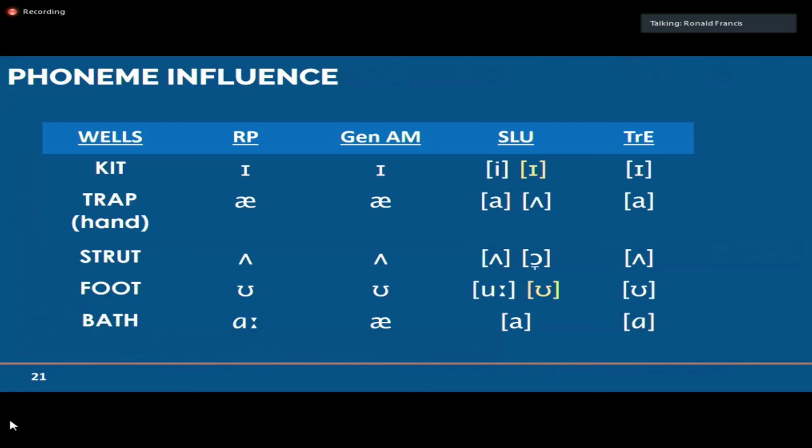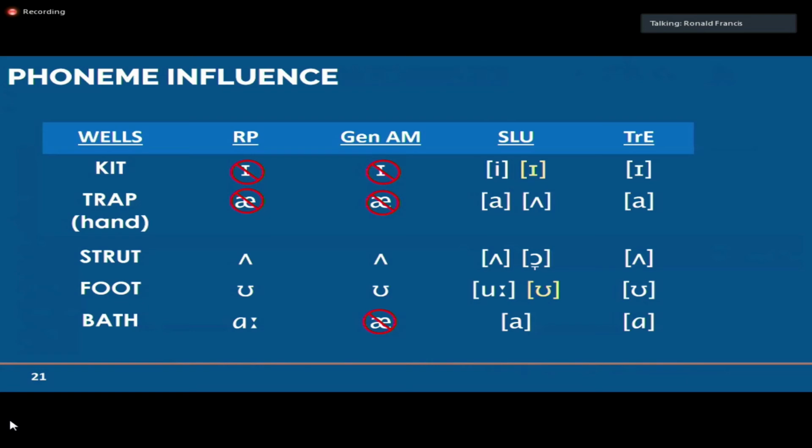And just to justify what I'm saying, I took some data from another paper and presentation that I had done, in which I showed that the vowels that are selected in St. Lucia do not match received pronunciation or General American. So the kit vowel that you would get in General American, that short capital I, is most often an E, or the trap vowel in American English, and sometimes in RP as well, is most often an A, but sometimes a wedge in St. Lucian English.